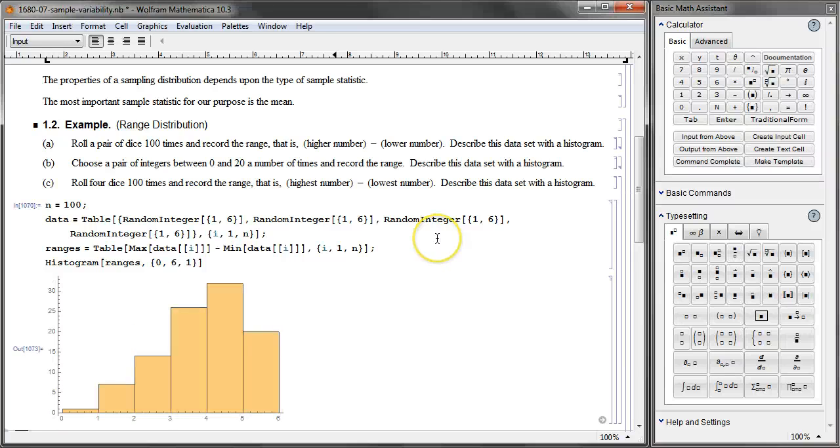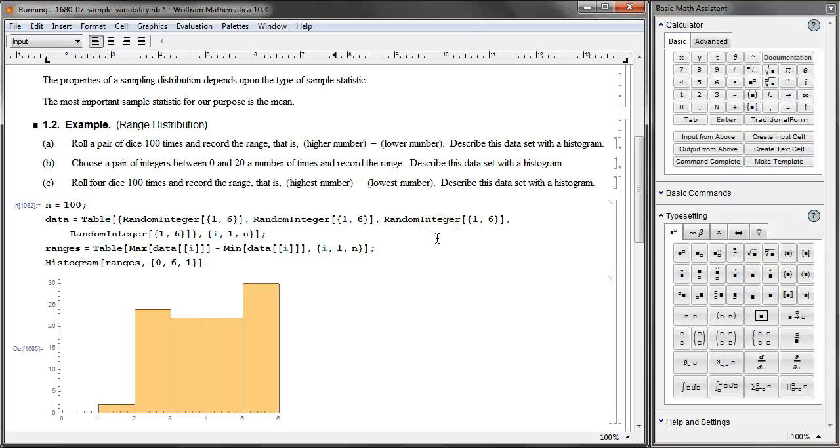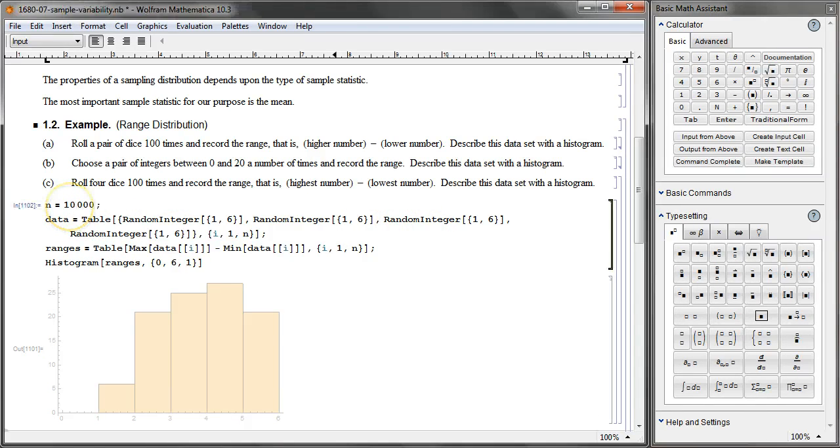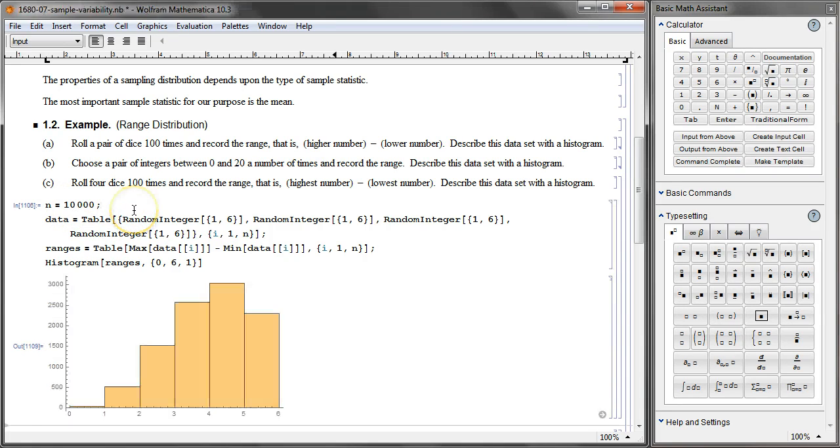There is some pattern, but maybe I'm biased because I already saw the pattern in advance when it was set previously at 10,000. I don't see much change. Let's go back to 10,000 repetitions. There is a pattern, a little bit asymmetric, skewed to the left.